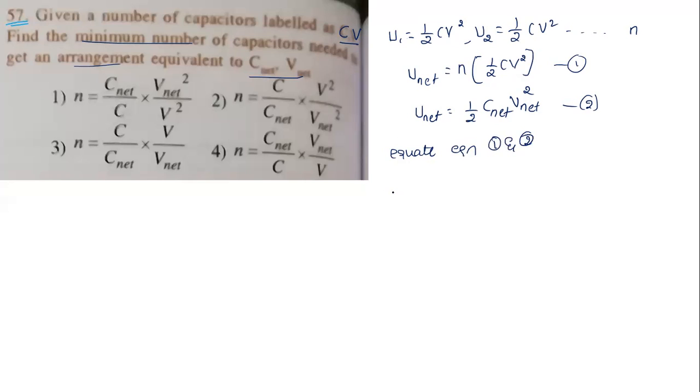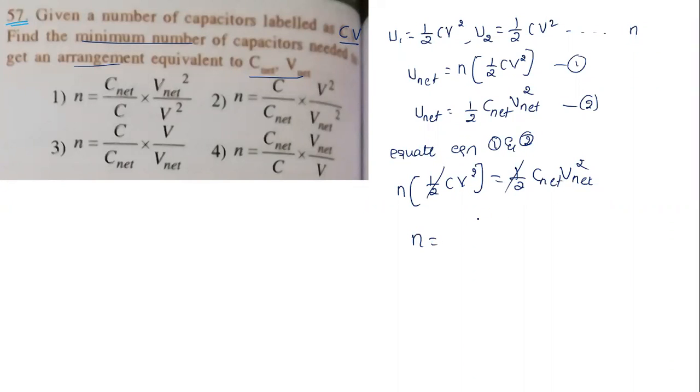As we equate equation 1 and 2, we get n times half CV square equal to half C net V net square. Half and half cancel.